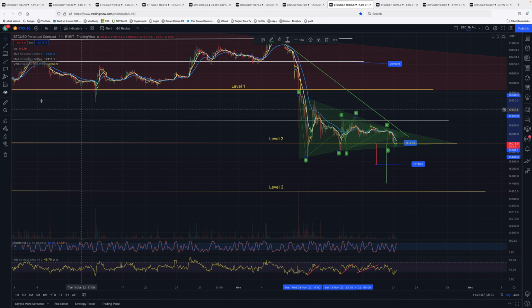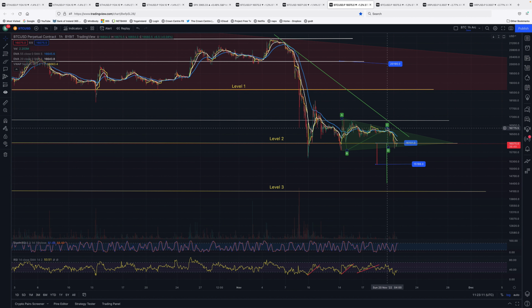I don't think I need to put these triangles on anymore because I think you've seen what I mean. We are in a bigger consolidation, and you've seen it. This would be that bigger green triangle, and that would be the same target as the daily, somewhere around 14,400.